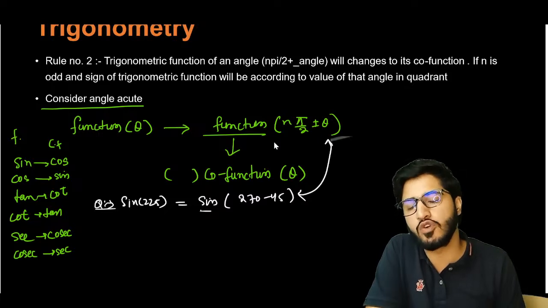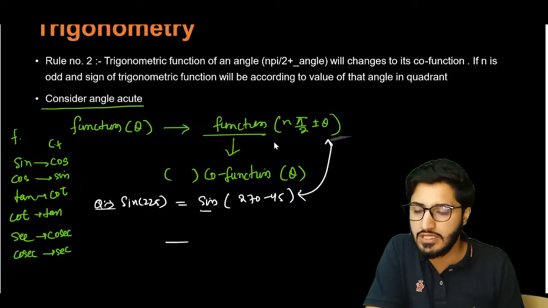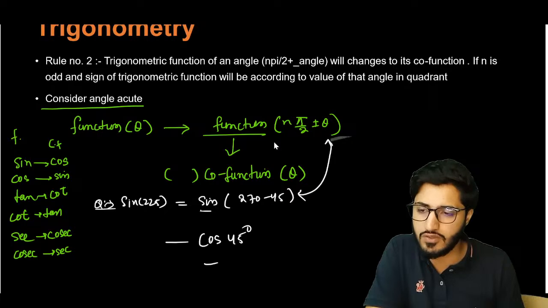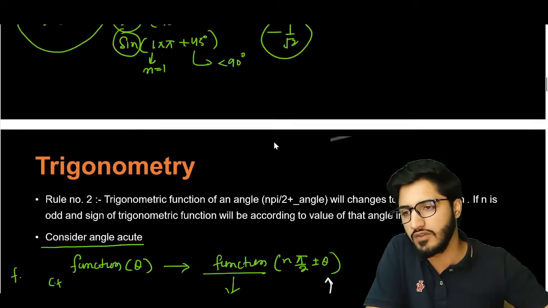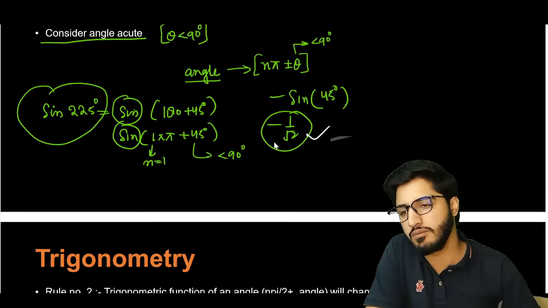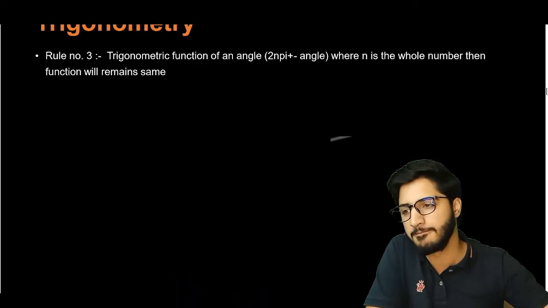Firstly, 270 minus 45 means the third quadrant. In the third quadrant sine is negative, so put a negative. Sine will change to the co-function, that is cos. So it is minus cos 45, which is minus 1 by root 2. My answer came out the same.